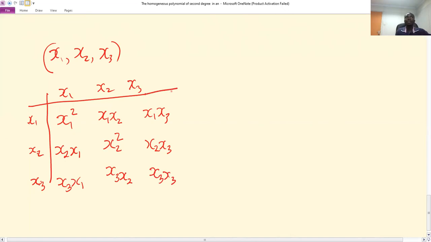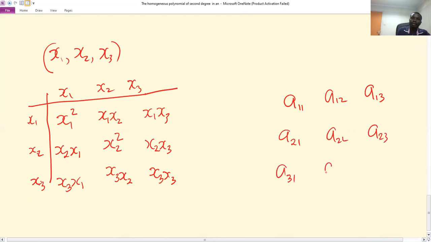And labeling becomes easier if you relate it to the way we write a 3 by 3 matrix. A11, A12, A13, A21, A22, A23, A31, A32, A33. There's some correspondence between this notation and this notation here.